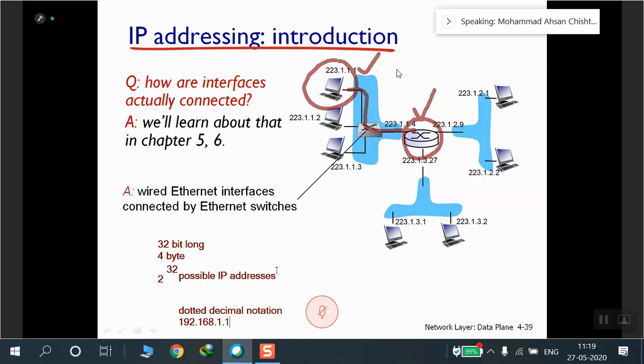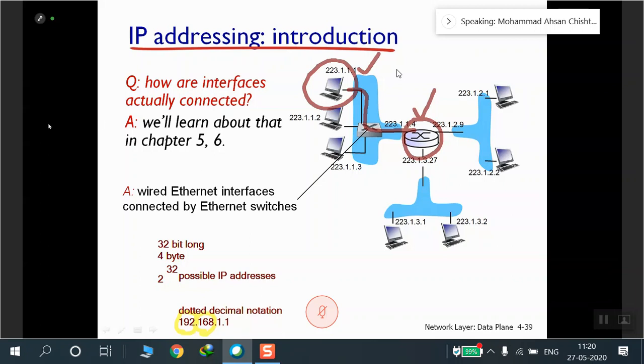Within this, each byte, say 192 that I have encircled, is written in its decimal form, and each byte is separated from the other byte by a dot or a period. 192 here is the decimal equivalent of the first 8 bits of the address.